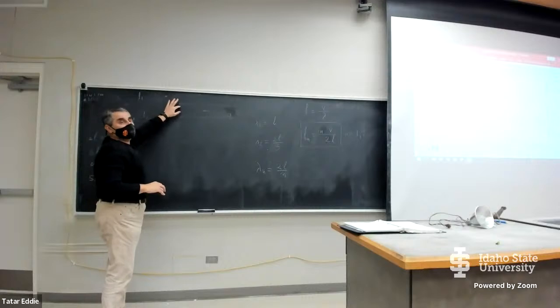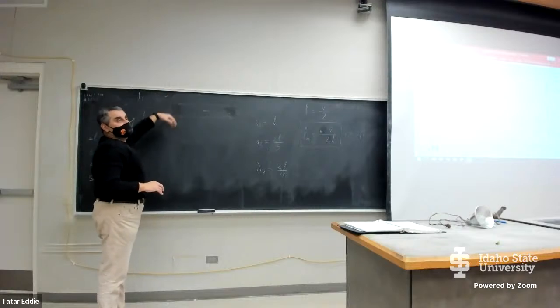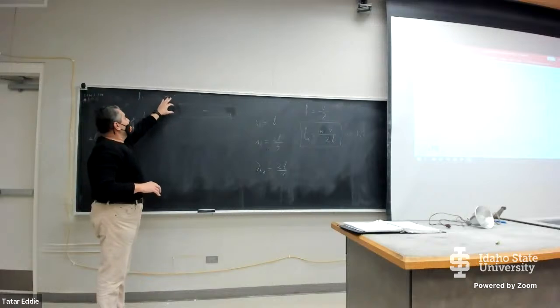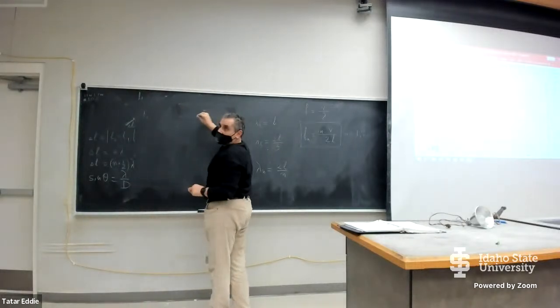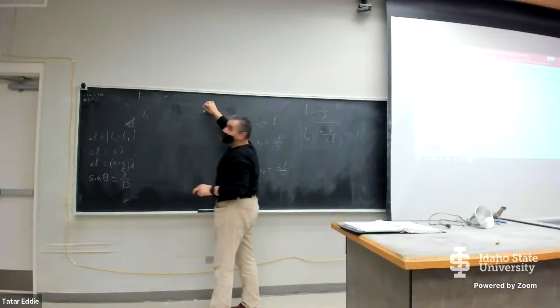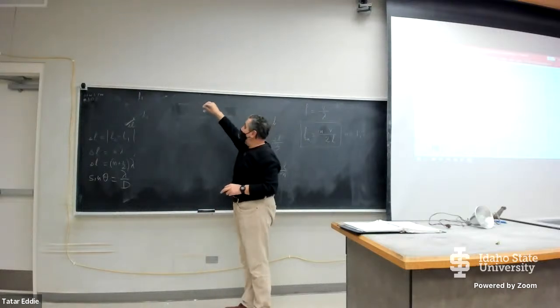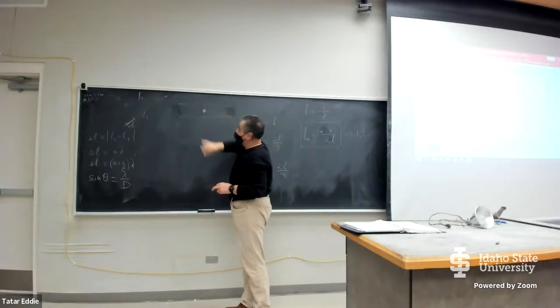This means that you're going to have highest amplitude of oscillations, highest amplitude of pressure variation at the two open ends, and therefore you're going to have no variation of the pressure exactly in the middle.